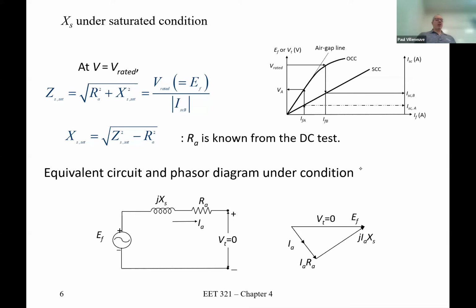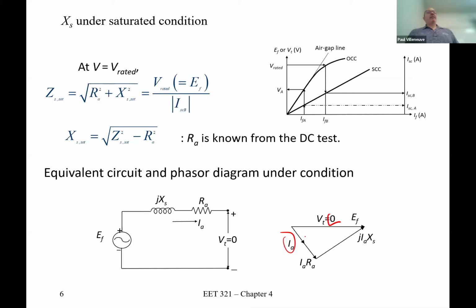And then once we have our values for RA and XS, we can go ahead and determine our phasor diagram based on power flow. We know that our voltage is going to be at an angle of 0, right? And we have a lagging current, because we can see that the current lags the voltage here. Then we see that our voltage drop across IA, RA is going to be in phase with the current.